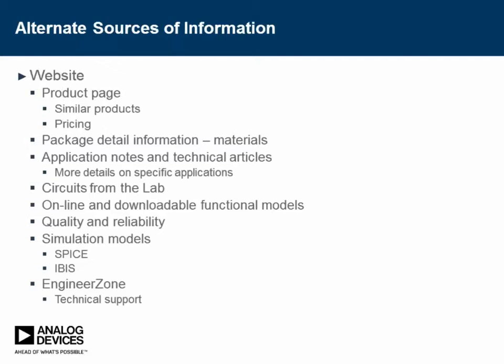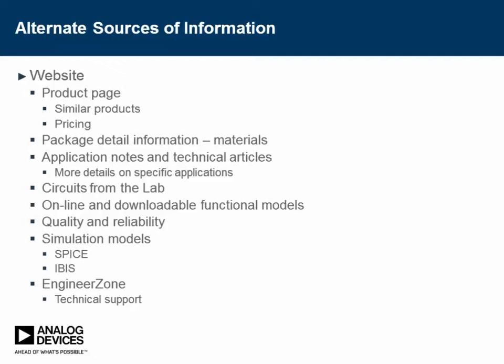Other sources of information: our website has the product page, which will show similar products and the pricing of the product. You can find out package details, application notes about how to use the product. Our Circuits from the Lab are more involved applications than typically you find on a data sheet, and very good, and are set up to show the circuits in real complex systems.